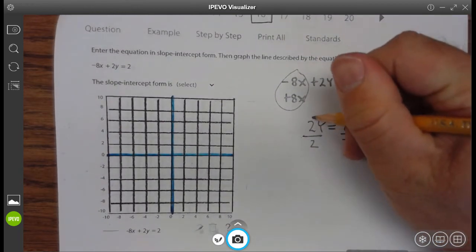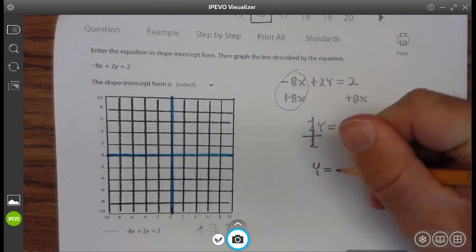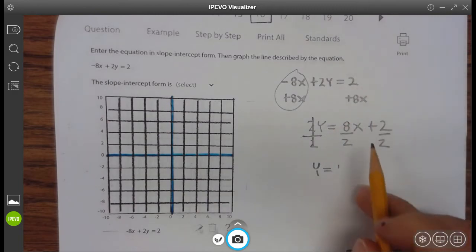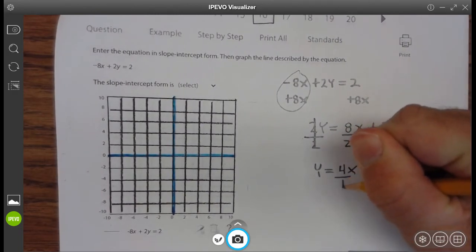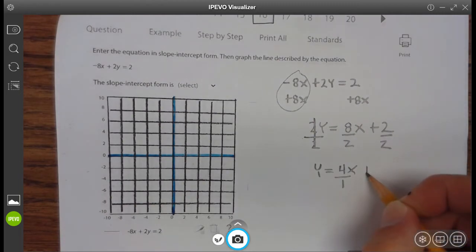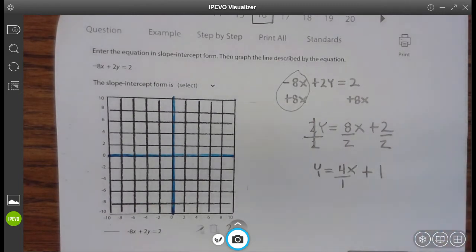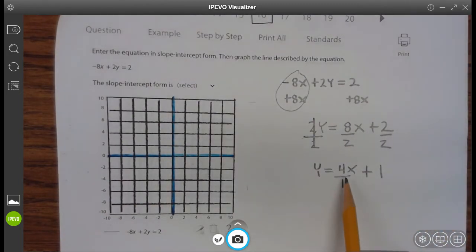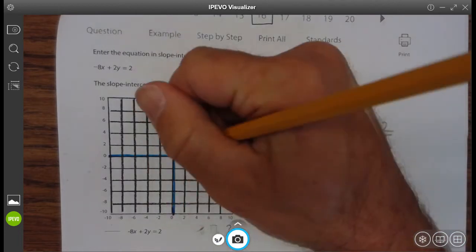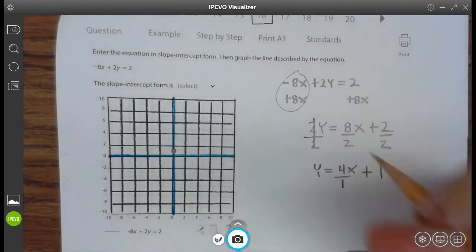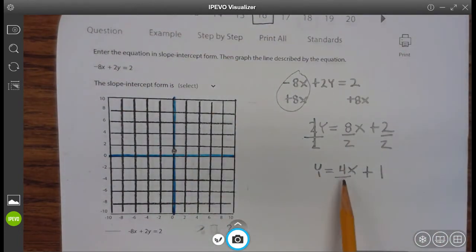Well, 2 divided by 2 is 1, so you get y equals... Now, 8 divided by 2 reduces to be 4x divided by 1, plus 1. You always want to keep the number in front of x as a fraction because that's your slope, rise over run. So here we start our y-intercept at 0, 1. And we go up 4 to the right 1.